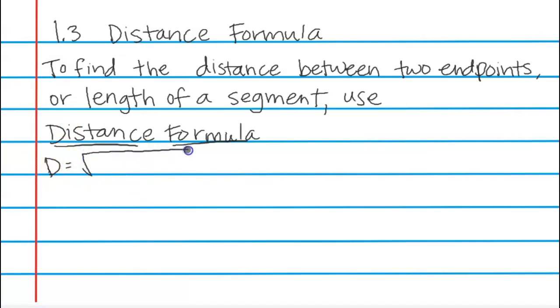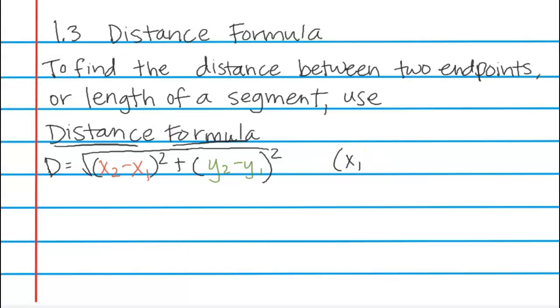So D equals the square root of, and then inside my square root, I'm going to have x2 minus x1, so I'm subtracting my x's, squared, plus, and in a different color I will put y2 minus y1.